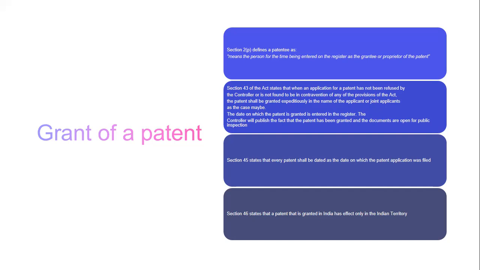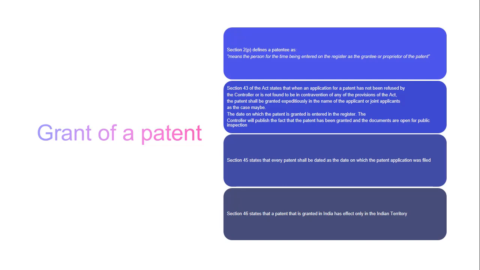So inventorship necessarily does not mean that you are the owner of the patent. If I'm an individual inventor working on my own, with no company employing me, then I will be the inventor and I will be the owner. But in certain cases, inventorship and ownership might not be the same. I hope I'm being clear here.